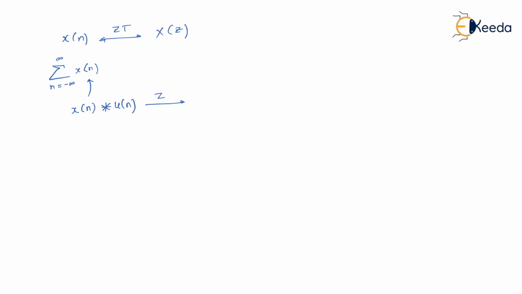Now let me take a z transform of this. You know that convolution becomes multiplication in the frequency domain. So x of n will naturally become X of z, and u of n, you know what is the z transform of u of n? It is 1 upon 1 minus z inverse.